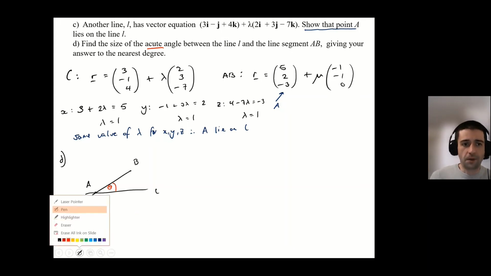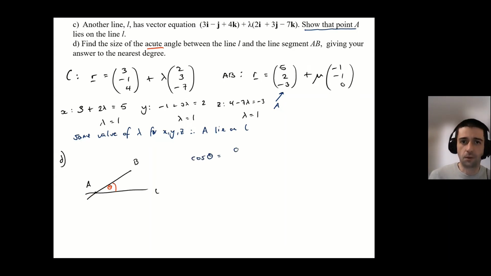Now, when I'm finding the angle between two vectors in 3 dimensions, I'm going to be using the formula cos theta equals A dot B over modulus A modulus B. And when I'm doing this with vector lines, I need to be using the direction vectors. So when I'm doing the dot product A dot B here, I need to be using the direction vector of the line L, which is this one here, and the direction vector of the line through AB, which is this one here.